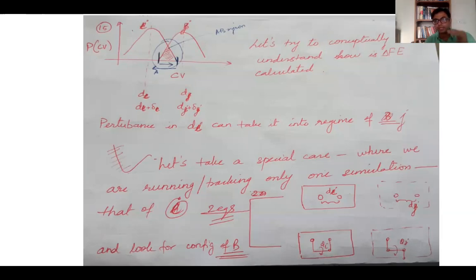You say, I won't pin the sodium chloride at dj, but I'll look at the energies. I will sample the sodium chloride at this distance, and then look for the configurations that pop up at distance j. Can I then write the free energy difference between the two states like that?